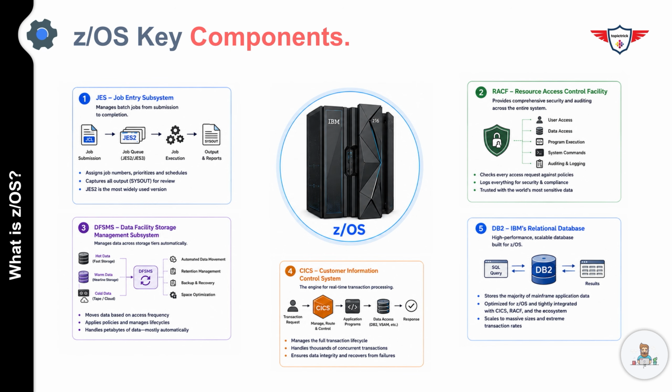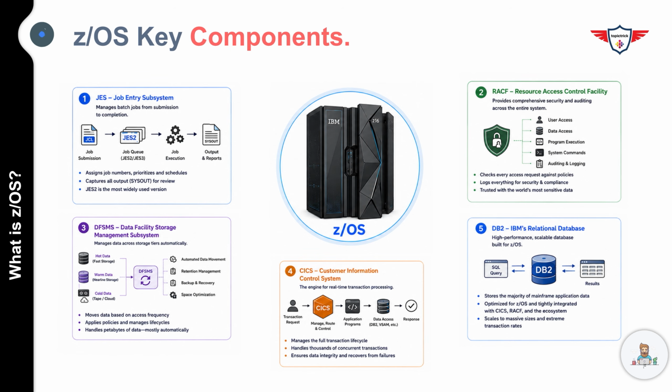It manages the full life cycle of a transaction, that is receiving requests, routing them to the right program, managing access to shared data, and returning responses. It handles thousands of concurrent transactions and ensures that partial failure does not corrupt the data. If DB2 is the database that stores the data, then CICS is the engine that processes the transactions that access that data.